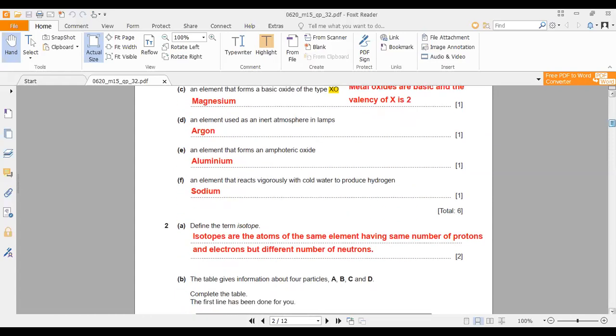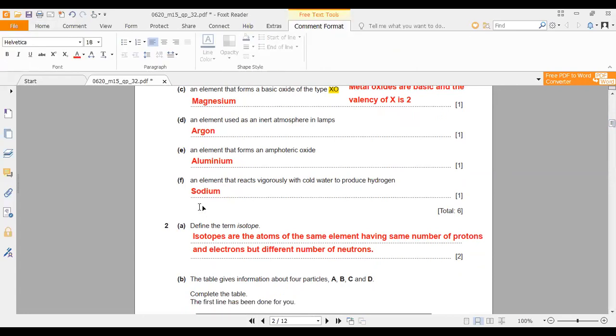Then an element that reacts vigorously with cold water to produce hydrogen. So sodium would be the answer, because we know that group 1 metals react vigorously with cold water.